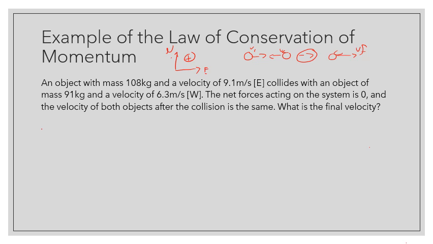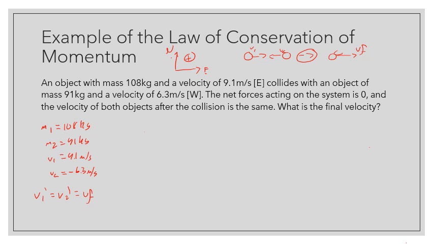You know that m1 is equal to 108 kilograms, m2 is equal to 91 kilograms, v1 is equal to 9.1 meters per second, and v2 is equal to negative 6.3 meters per second. That's because of our reference frame. We know that v1 prime is equal to v2 prime, and that's equal to vf.